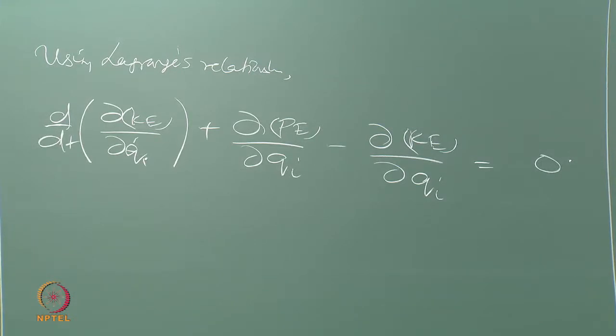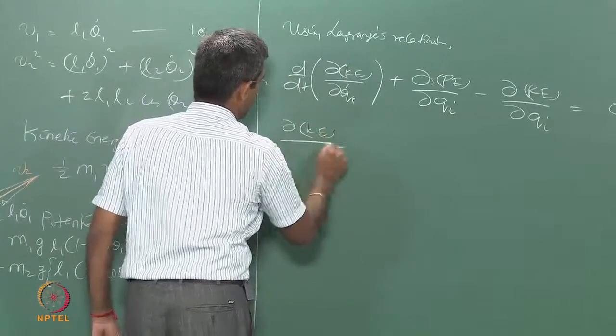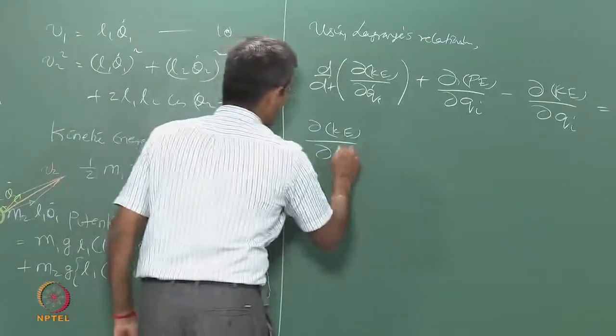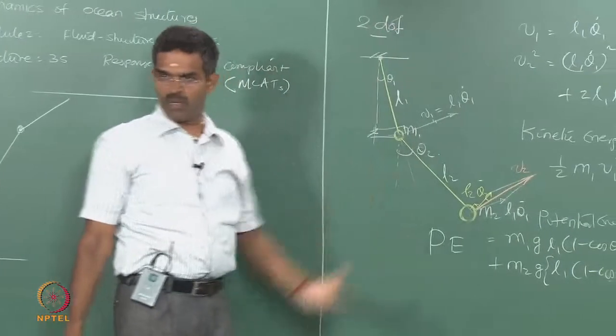So, let us find the partial derivative of kinetic energy with respect to q, where q is the degree of freedom. I should say this as theta 1 dot. There are 2 degrees of freedom, theta 1 and theta 2, where displacement is theta 1, velocity is theta 1 dot, and acceleration is theta 1 double dot.